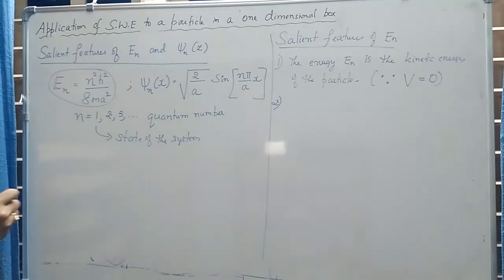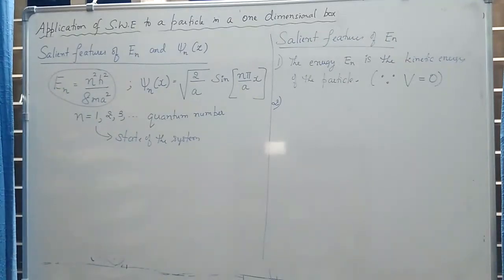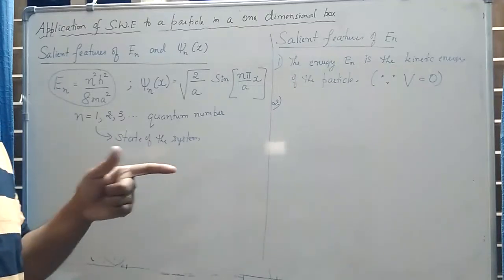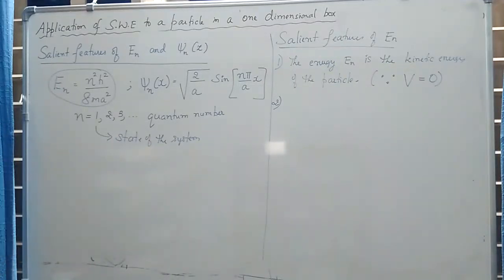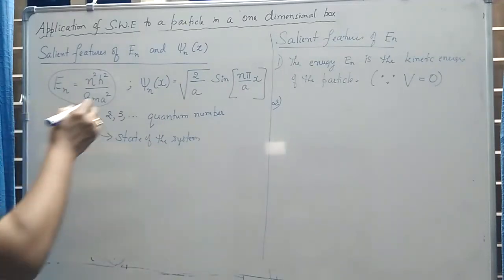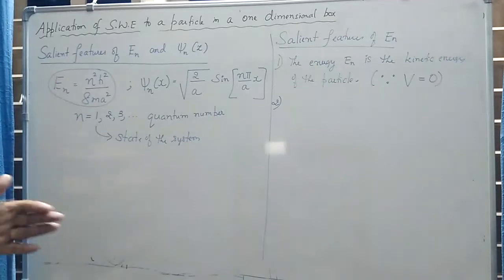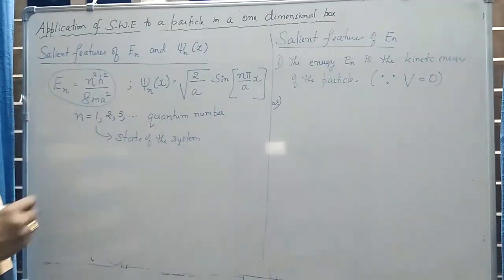And thirdly, it depends on the length of the box. If I decrease or increase the length of the box, the energy of the particle also varies. If a is very very large, then energy becomes very very small, or if a is very very small, then energy becomes very large.